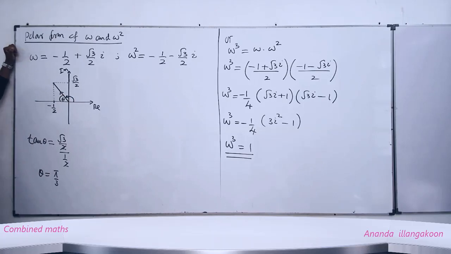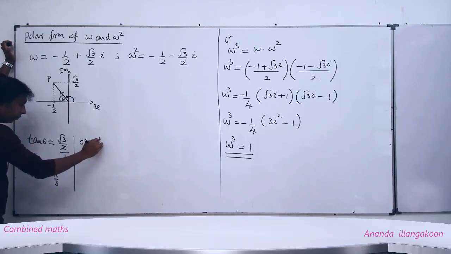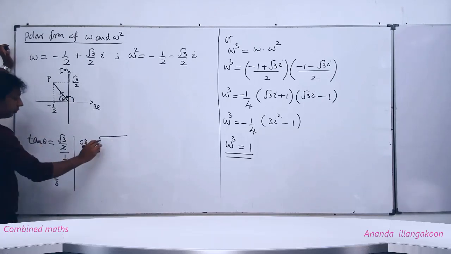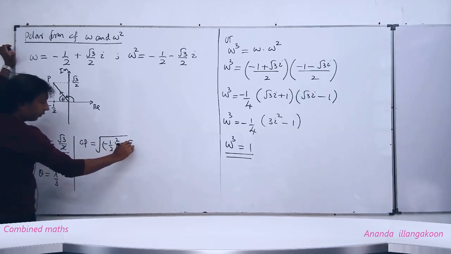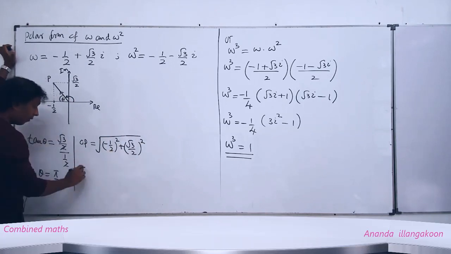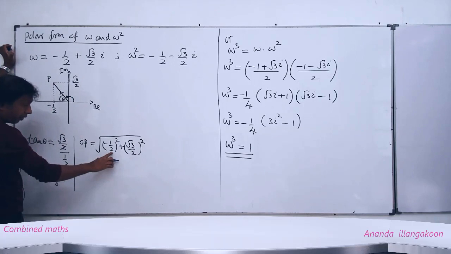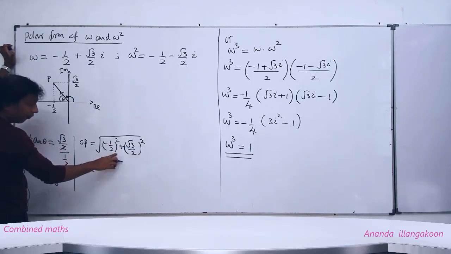And suppose this point is P, then OP length. What is that? Square root of minus half squared plus root 3 by 2 squared. What do you get there? Here 4, here 4, 3 plus 1, 4. 4 by 4, 1.